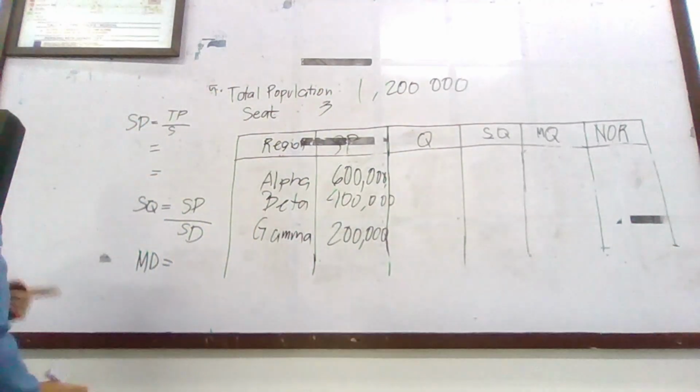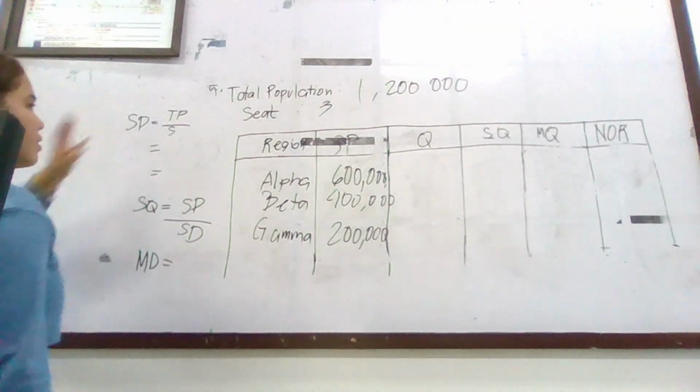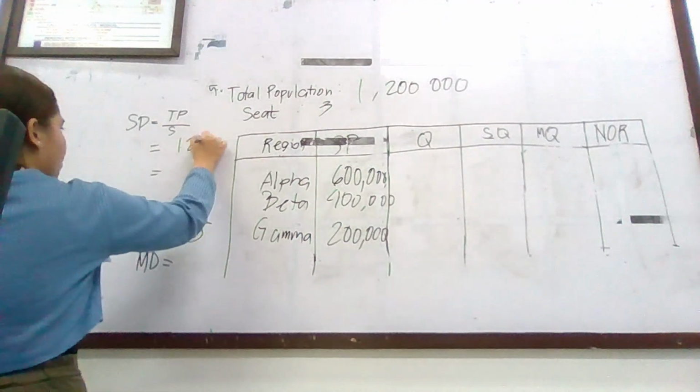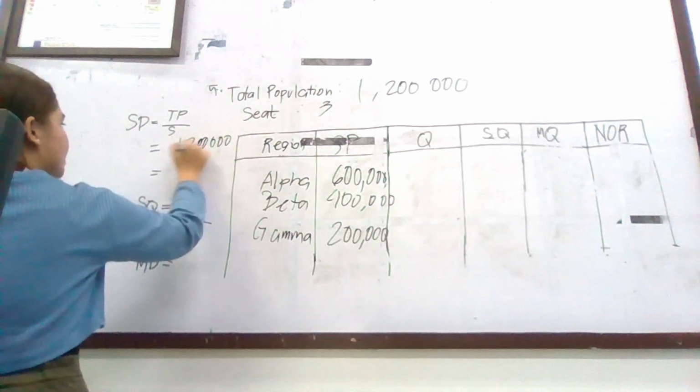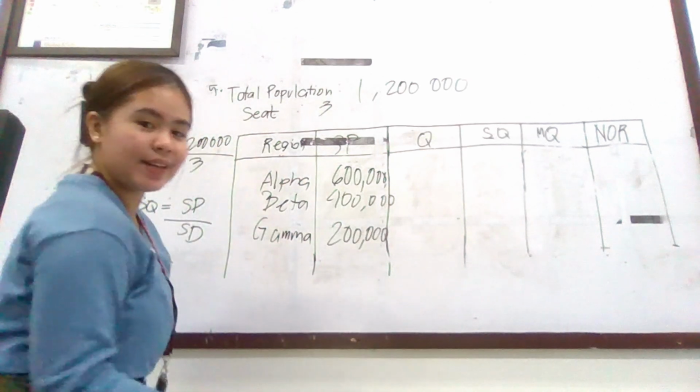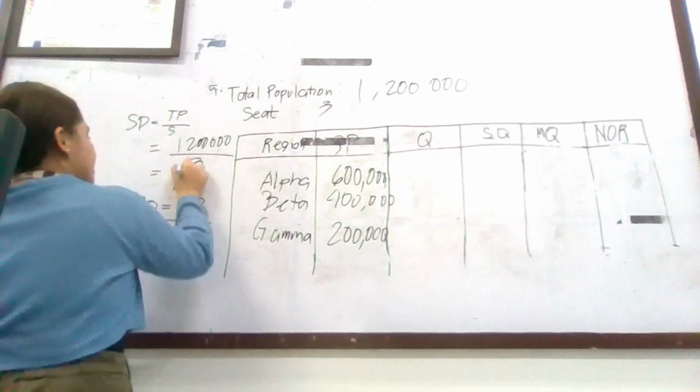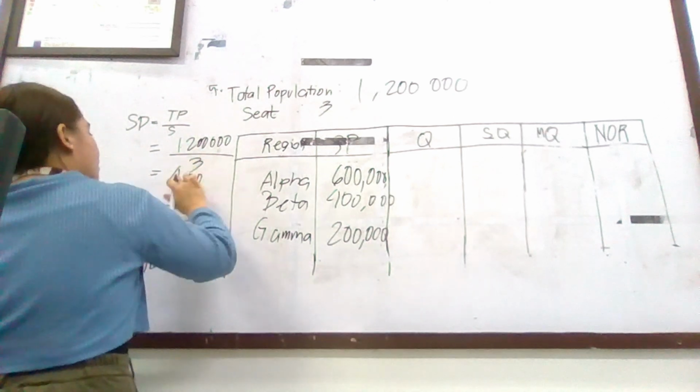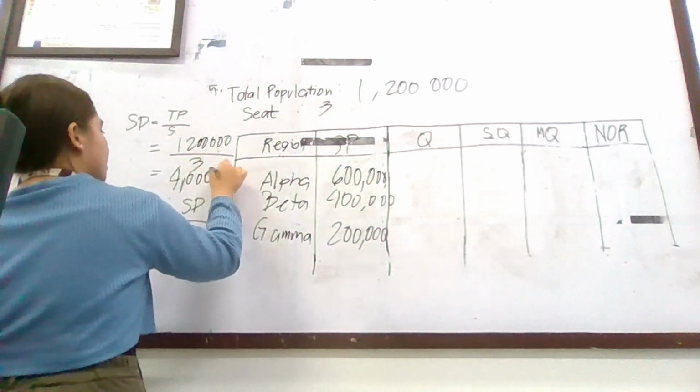So let us get first our standard divisor. 1,200,000 divided by 3 will give us 400,000.